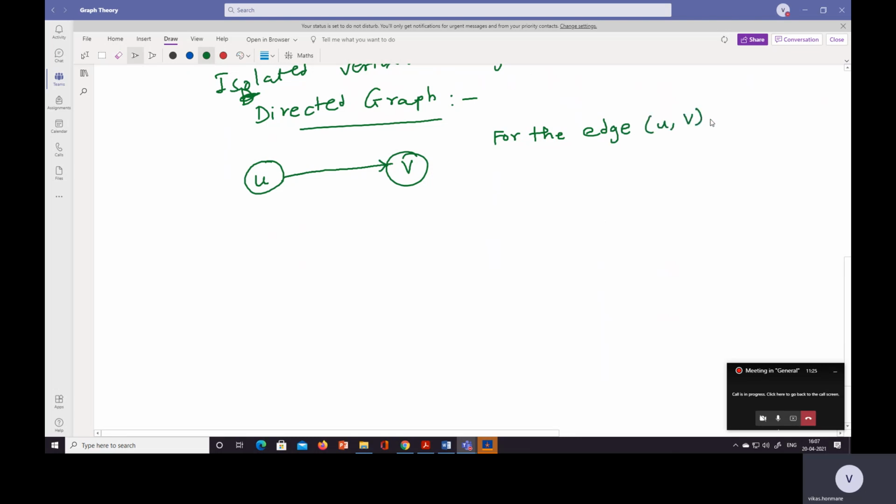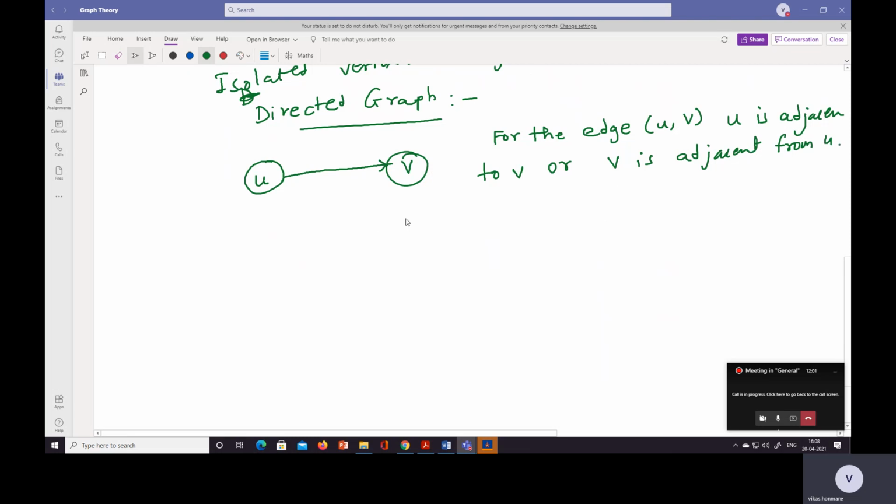Suppose this is the edge e. For the edge (u, v), u is adjacent to v, or in different terminology, v is adjacent from u.